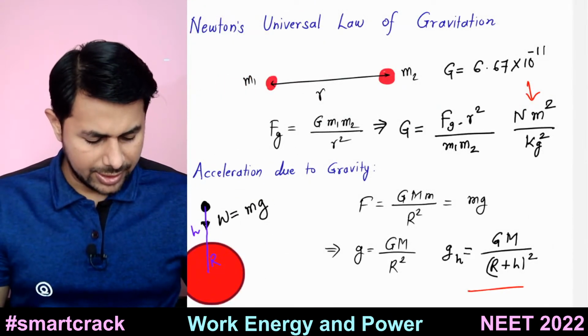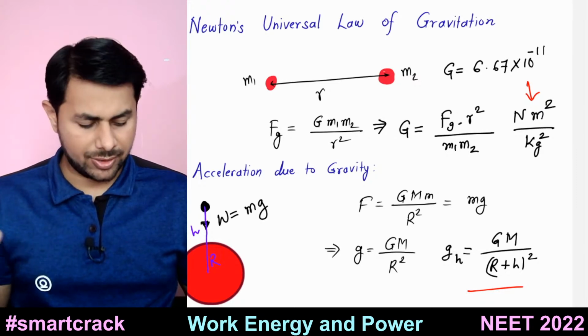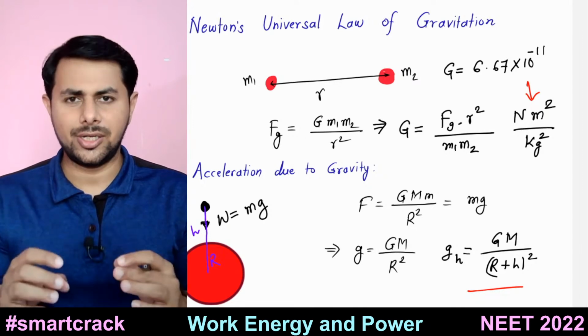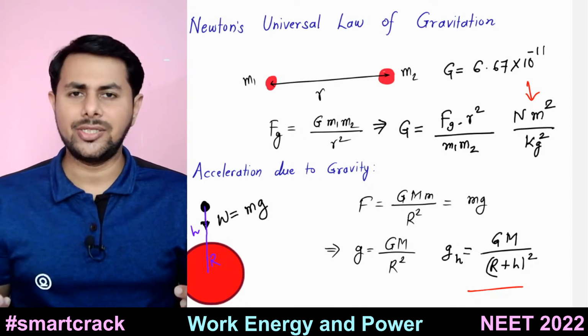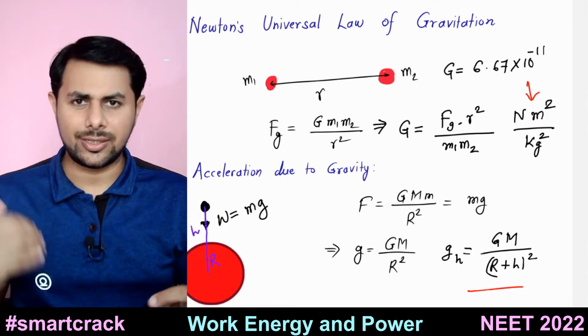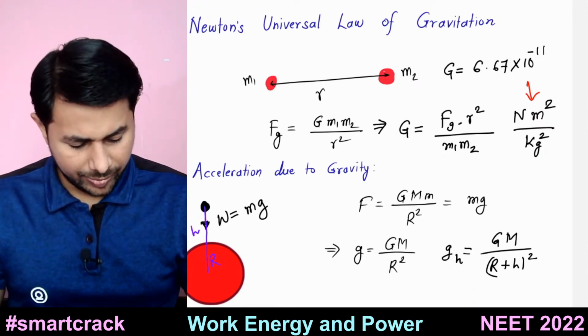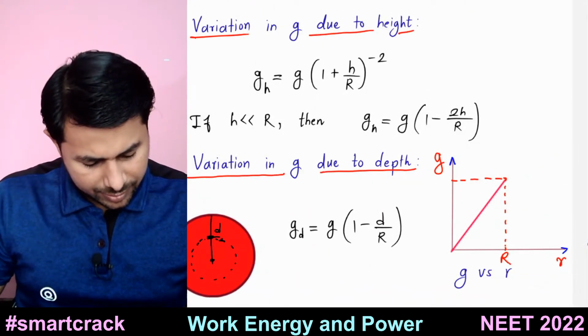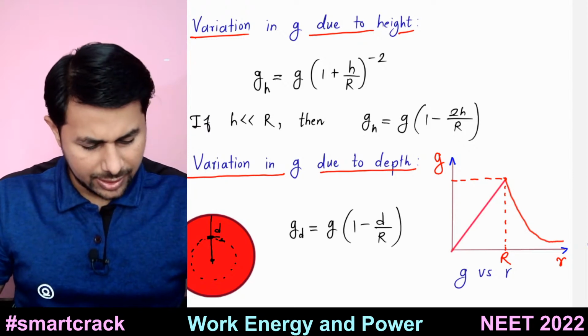It is the acceleration due to gravity at height h, GM divided by (R plus h) square, where R plus h is the distance of the object from the center of Earth. So GM divided by distance square. So it falls as 1 over r square, and the curve will be like this.